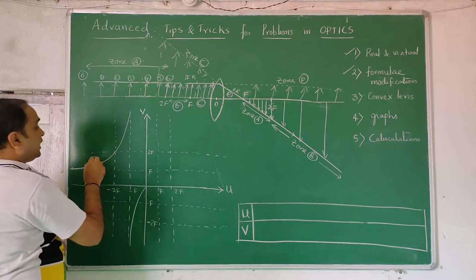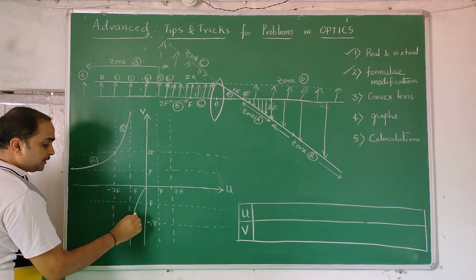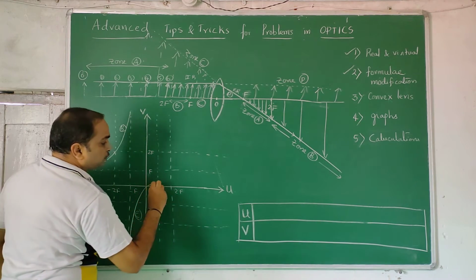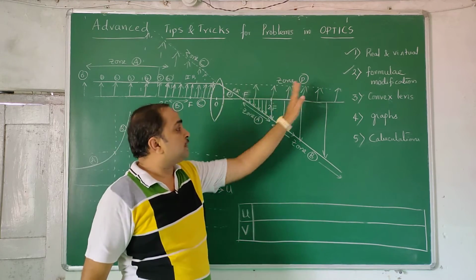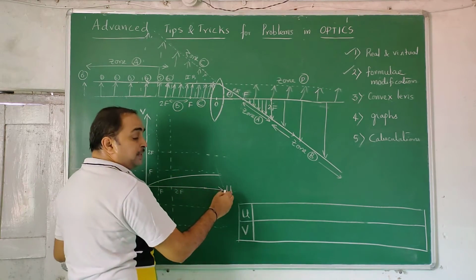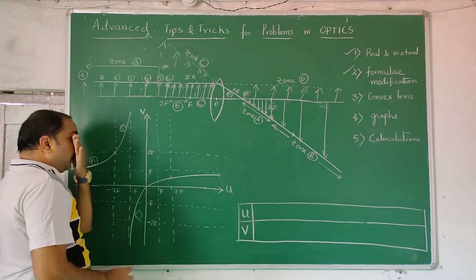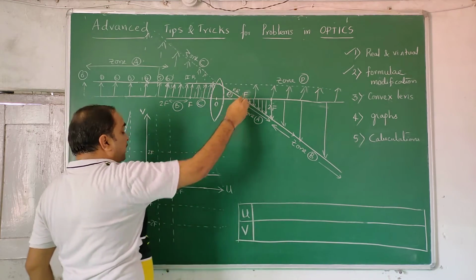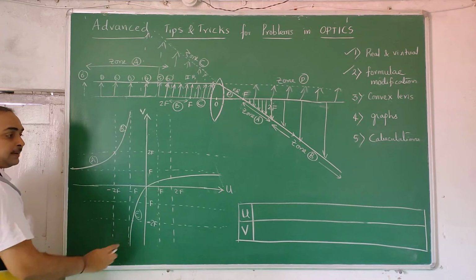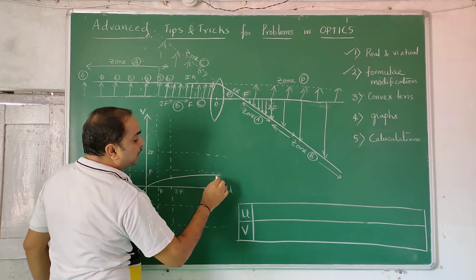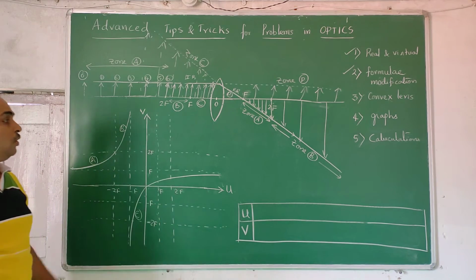So this is A, this is B, this is C zone, and this to here. As you go from object distance 0 to plus infinity, the image goes from 0 to plus f. So it breaks here, it connects here, it breaks here, it connects here. So this is all together the graph that I wanted to show.